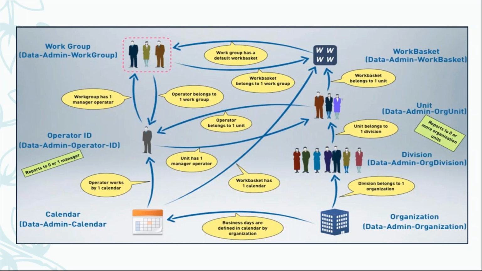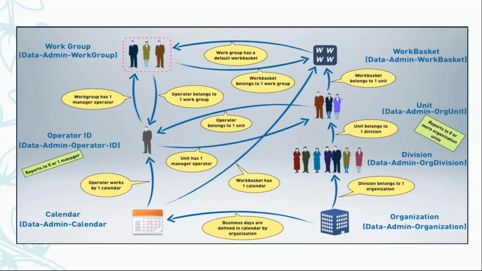So that means suppose there are 2 or 3 persons associated with a particular work group, then the work baskets that work group is associated with, all 3 people can work on the cases in that work basket.